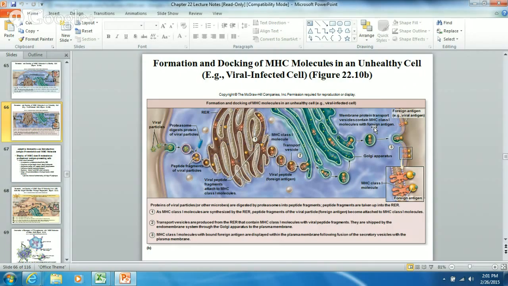Just like a healthy cell uses the same molecule to tell the rest of the body that it is okay and that it is normal, a cell, once it's infected, will in turn take that same MHC class 1 molecule, and instead of attaching a self-antigen to that MHC1 protein, it will attach a peptide fragment of a virus to that MHC1 protein and display that joker on the cell membrane, so that when a cytotoxic T cell comes by and scans that cell, it will read that particular MHC class 1 protein or molecule, and it will say, you know what?